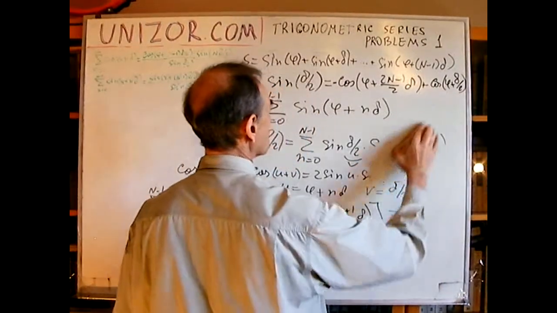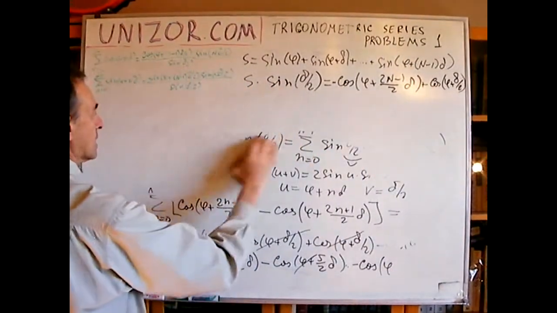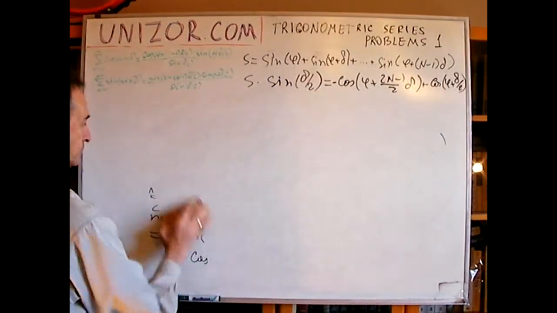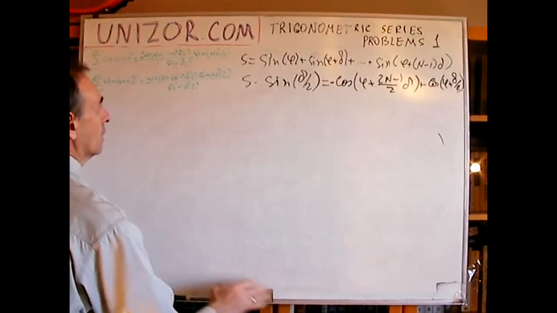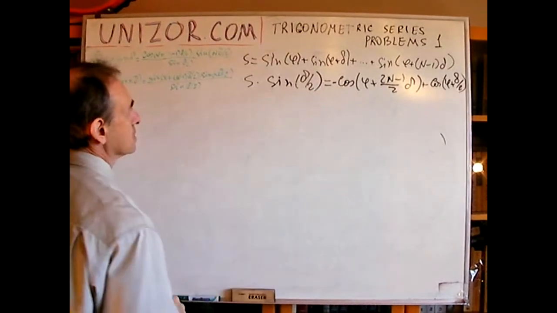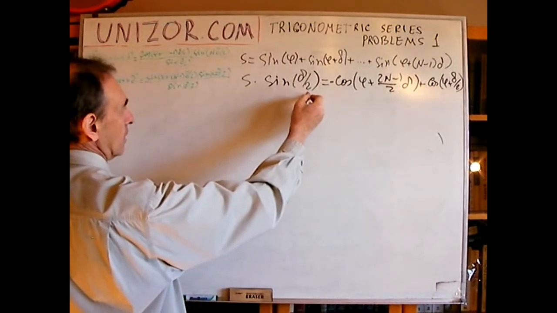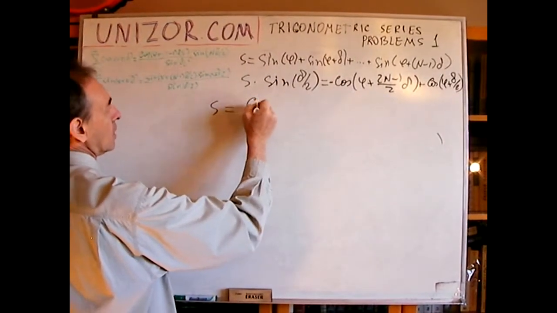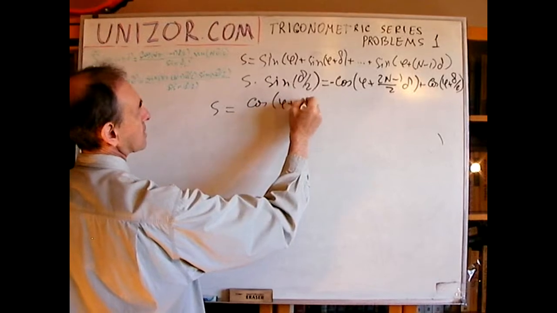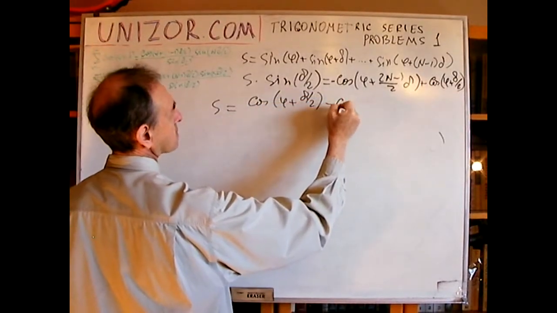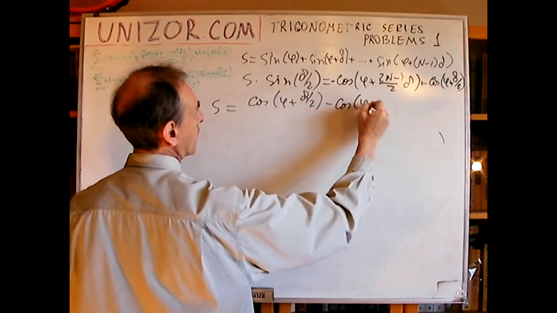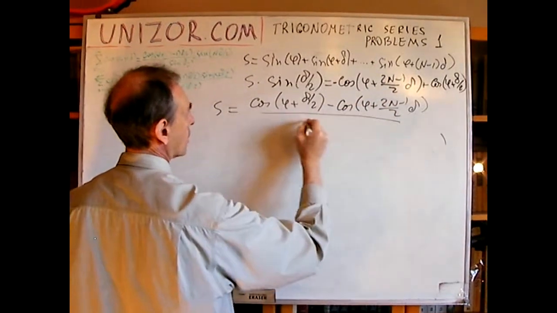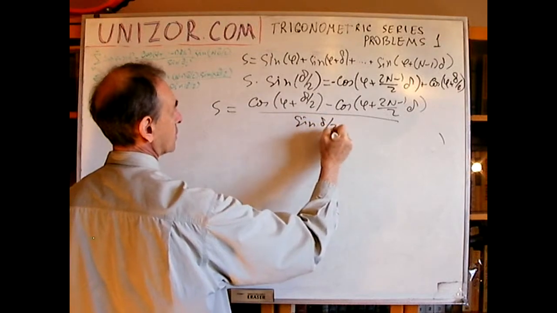of summation in a concise form, because now you can say that since s times sine of delta over 2 is equal to this, then s is equal to cosine of phi plus delta over 2 minus cosine of phi plus (2n minus 1) over 2 delta, over sine of delta over 2.